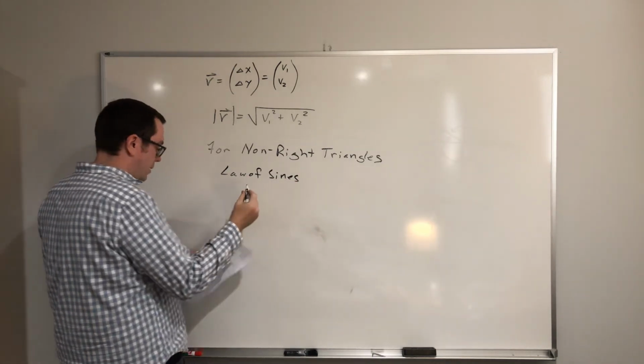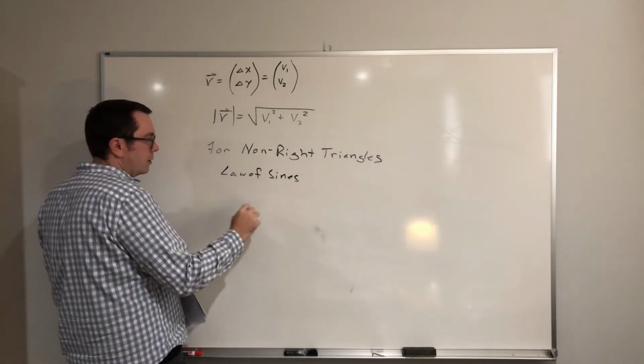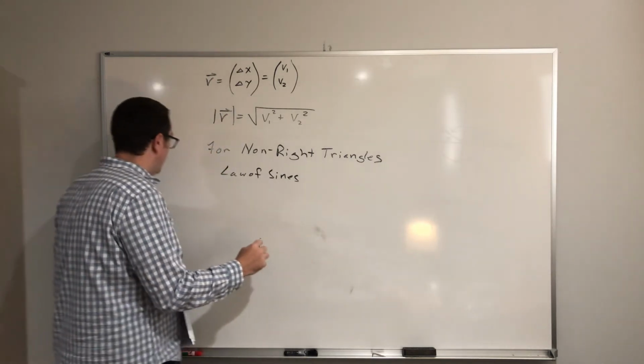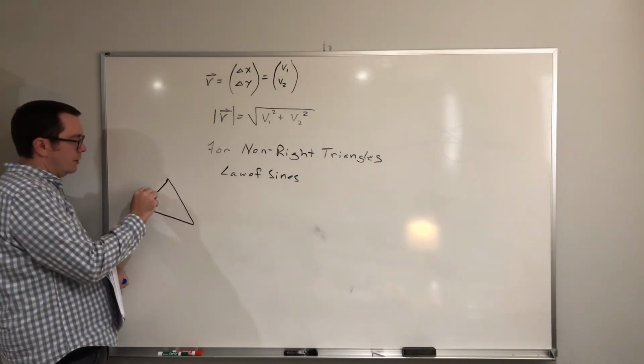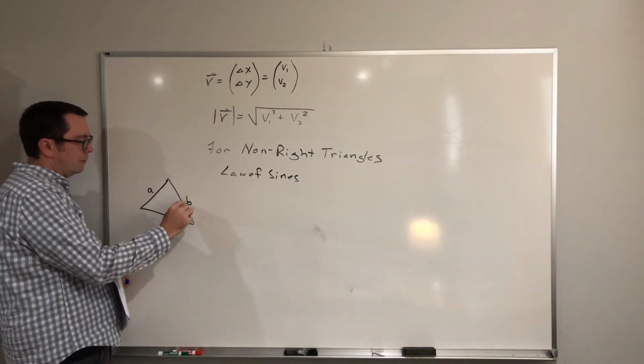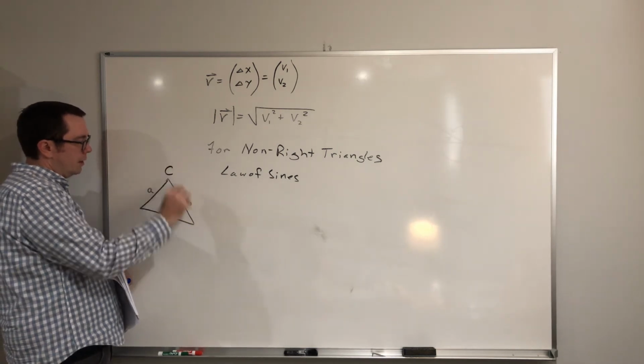Law of sines, and there's two ways to write that. So if you have a triangle, let me just put it over here. The convention is that the sides are lowercase and the opposite angles are uppercase, right?